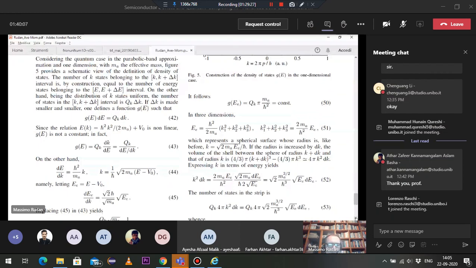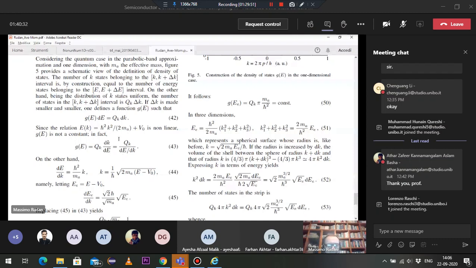Now, the purpose of the calculation is to determine this function g of a. You extract g of a from equation 42. It becomes q of k times dk over dE.